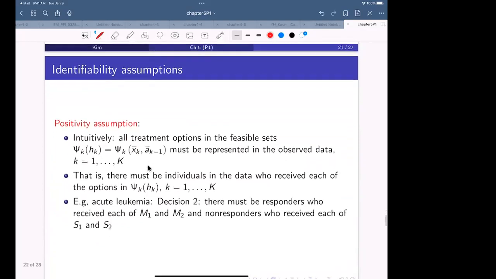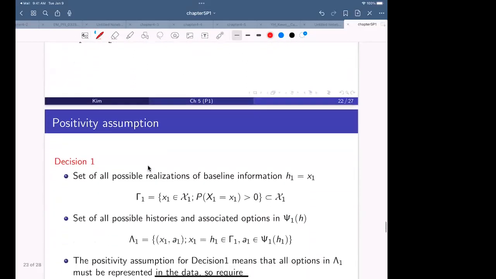And the positivity assumption means that you need some positivity sequentially. All treatment options in the feasible sets must be represented in the observed data. So there must be individuals in the data who receive each option in psi k, for each k.